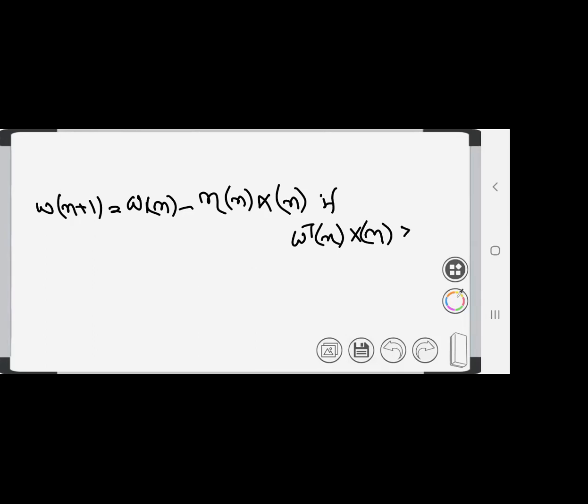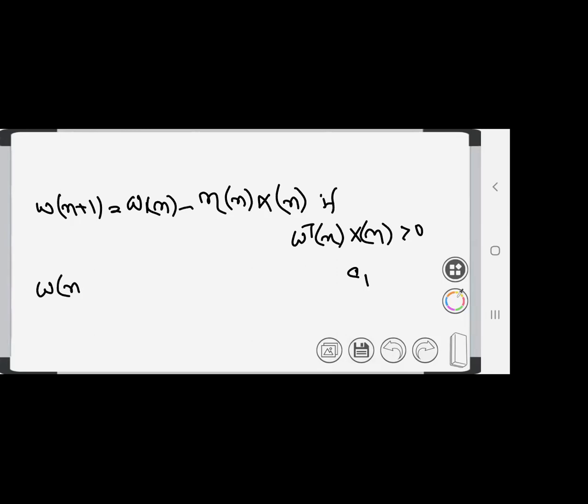Now the second can be stated as: otherwise, the weight vector of the perceptron is updated in accordance with the rule W of n plus 1 equals Wn minus eta n xn if W transpose n xn is greater than 0 and xn belongs to class C1.